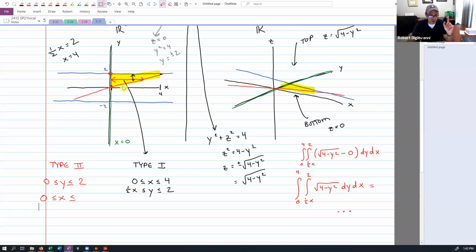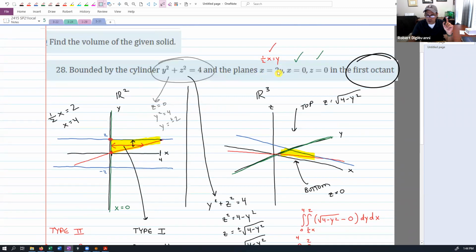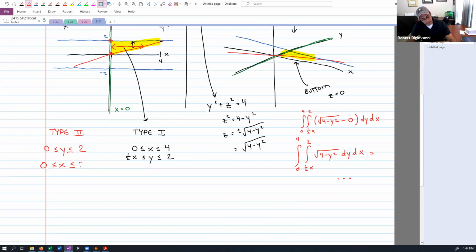What is this red graph solved for x? 2y. And then the top and bottom surfaces don't change, do they? So we'd still have this, but our limits of integration would change. So it'd be integral 0 to 2, integral 0 to 2y. I have square root of 4 minus y squared, still the same, but now dx dy.